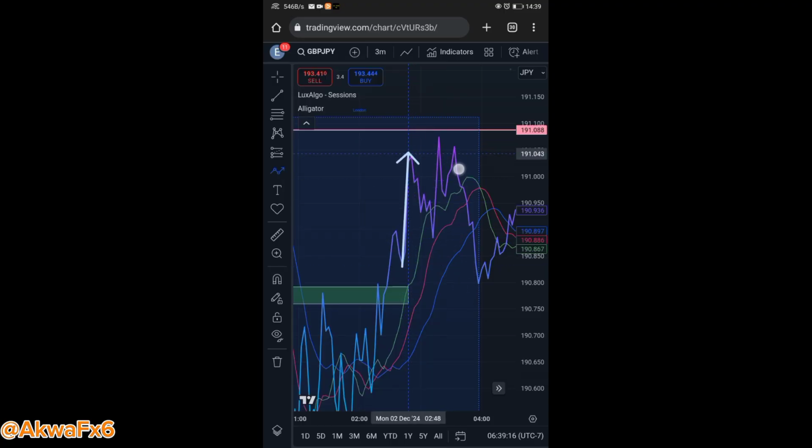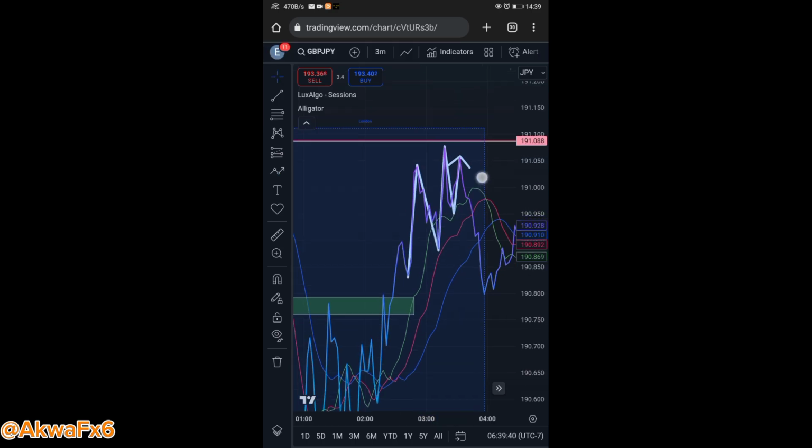We have a high, we have a low, we have a high right there, we have a low, that is a higher low, we have this one again. You can see the market has not created another high, it hasn't created another low.